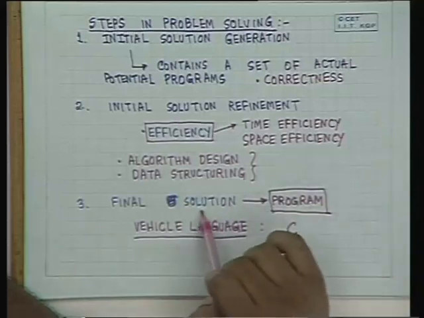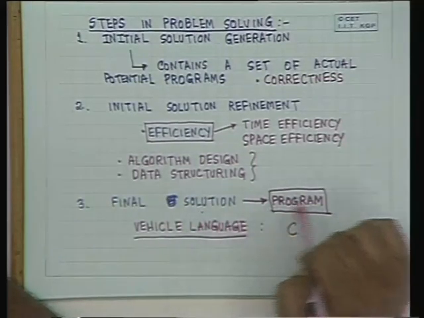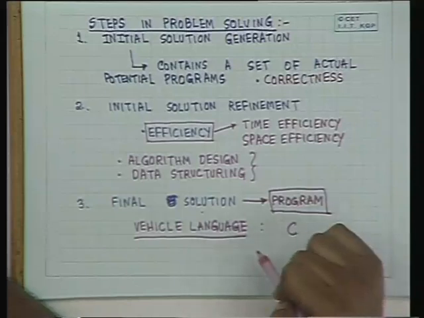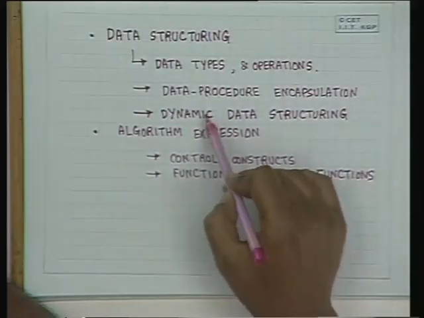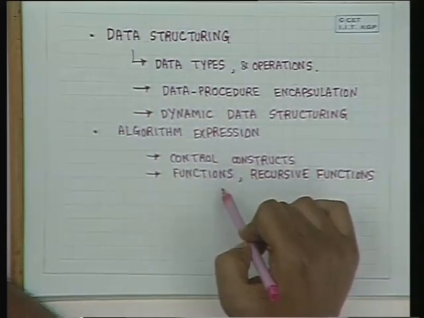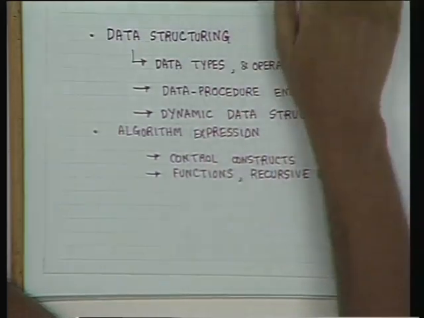And even translation from a solution to a final program may take some effort depending on the language which is available to us. And the language C has to be studied because it does provide several interesting features which can be automatically used from our final solution.